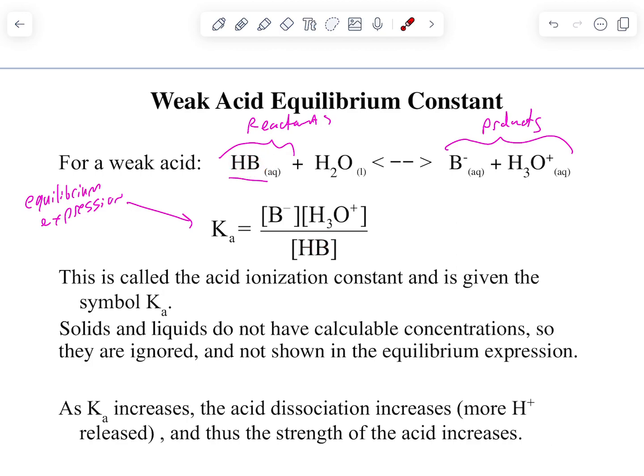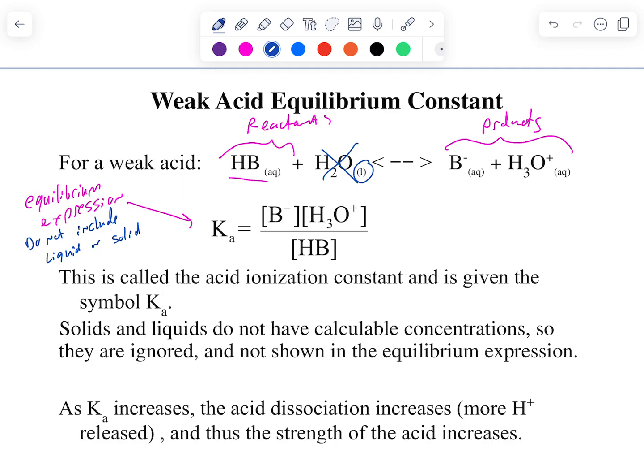And the thing about equilibrium expressions is that we do not include liquid or solid states. And because water is liquid, that's why it's not included. So let me rewrite this.